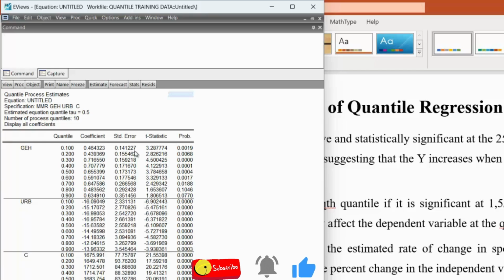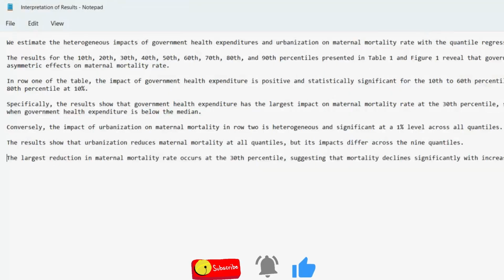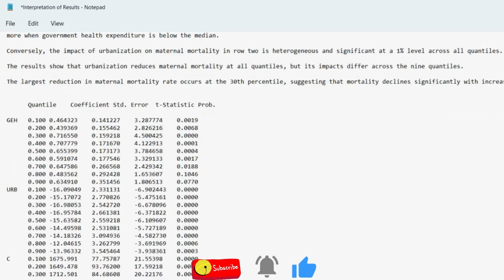So the columns that are very important here are, 1, the quantile coefficient, 2, the probability value. So we can copy these results now and take it to my notepad here. I've already done the interpretation, but I need to show you how I interpreted it so that you can understand the process.